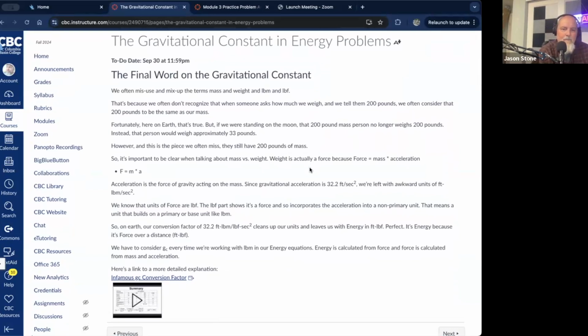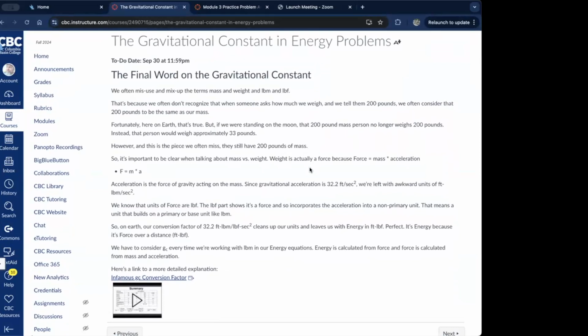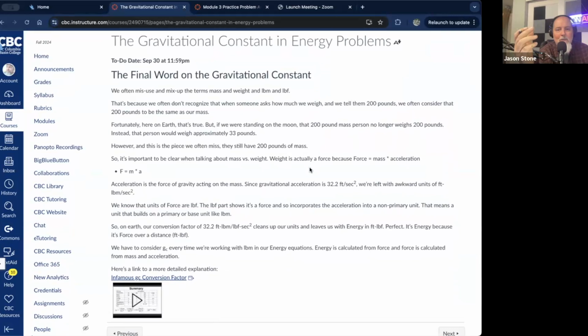How do I succinctly say this? Pounds mass is just mass. If I have 200 pounds mass here on Earth, that's equivalent to 200 pounds force, because every pound mass is a pound force.